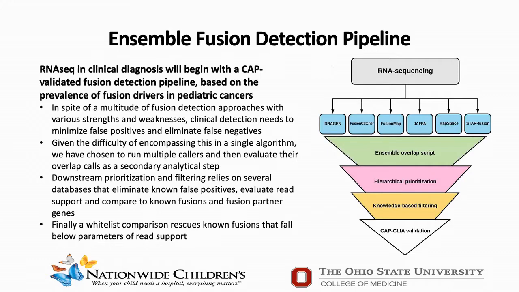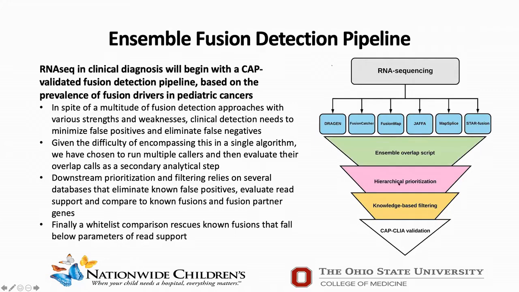And at the end of the day, there are 2 important points for clinical detection. First of all, minimizing false positives. We don't want to have too many results to look at. And then eliminating false negatives, because of course the worst thing clinically is to miss something. And so because we can't really encompass all of those wants in a single algorithm, we've chosen this approach to run multiple callers and then to evaluate the overlap calls as a secondary analytical step using this overlap script that's shown here.